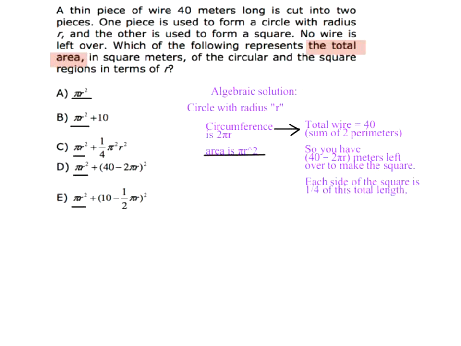So 1/4 of 40 is 10, and 1/4 of 2 pi r is 1/2 pi r. And that's where this comes from. So this is the area of the square, that thing right there.